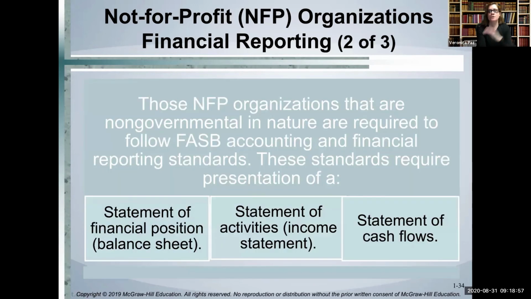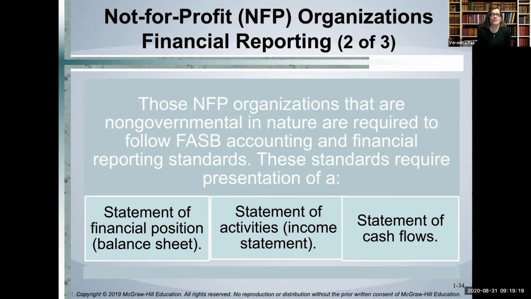Those not-for-profit organizations that are non-governmental in nature are required to follow FASB accounting and financial reporting standards. These standards require a statement of financial position, a statement of activities, which is the income statement, and a statement of cash flows. Again, not-for-profit, make note of this because this is on your exam as well.